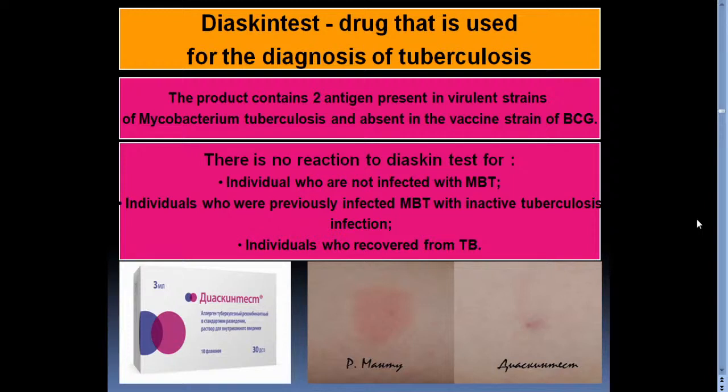There is no reaction to the Diaskin test for individuals who are not infected with Mycobacterium of tuberculosis, individuals who were previously infected with inactive tuberculosis infection, latent infection for example, and individuals who recovered from tuberculosis.